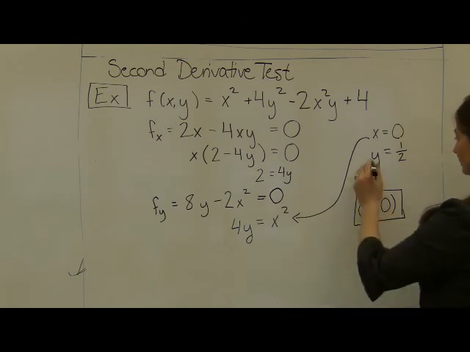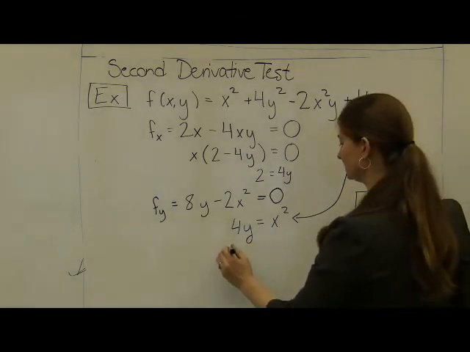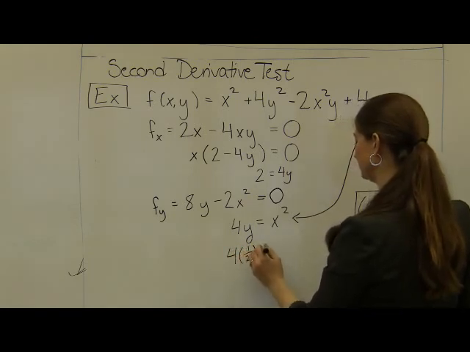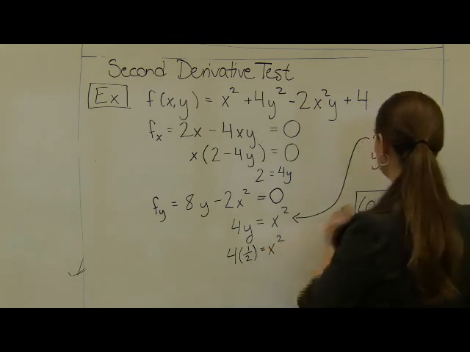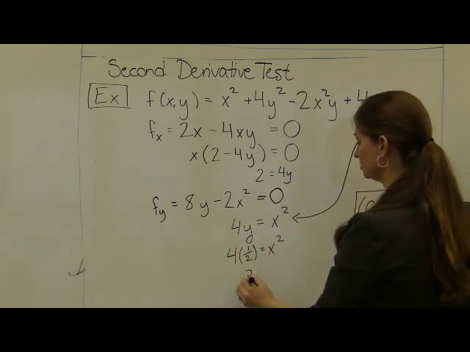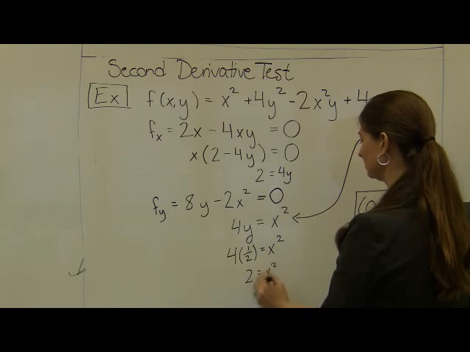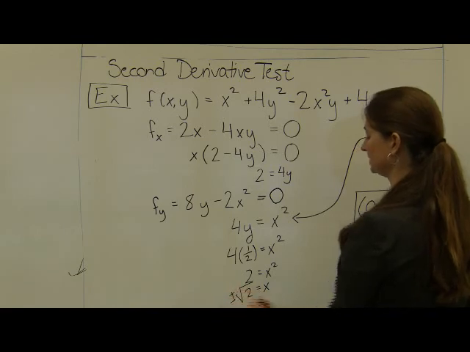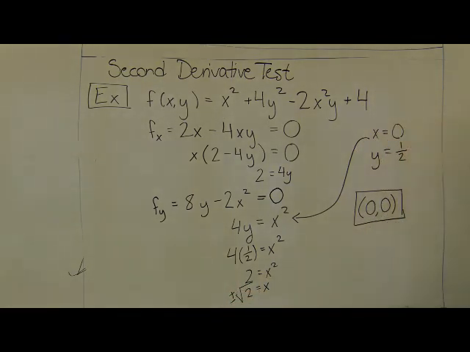Similarly, I'm going to plug in y equals 1/2 into this function and see what I get out. So I get 4 times 1/2 is equal to x squared, plugging in this y value. And I see that 4 divided by 2 is 2 equals x squared, which means x is equal to the square root of 2, both positive and negative. I took the square roots.